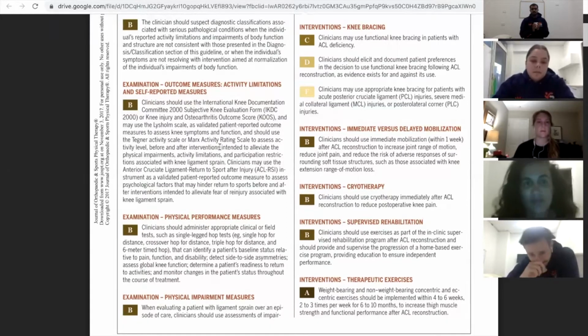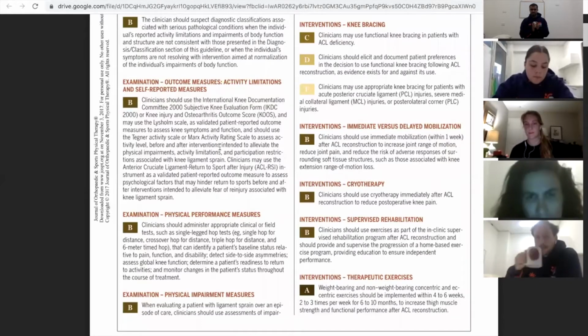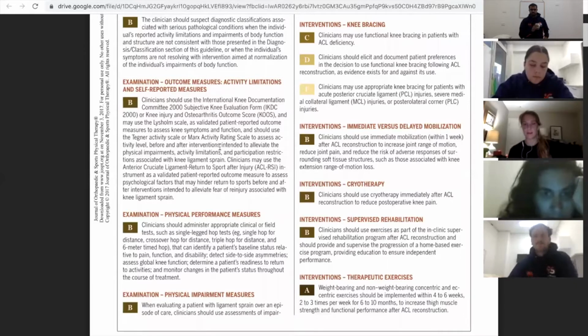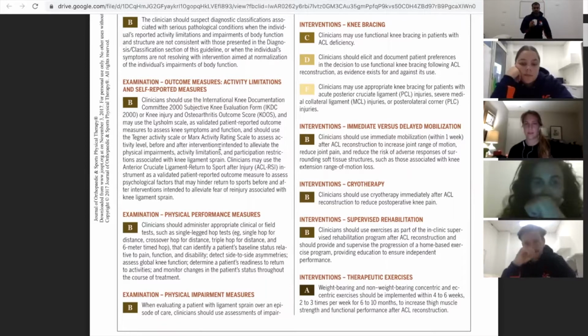So, hey girls, Avi first, is the KOOS still what you utilize the most? I think it just depends on where you're practicing and personal preference. What's your personal preference? I don't know if I've ever really used the KOOS. I mostly use the LEFS because it's easy and generic.